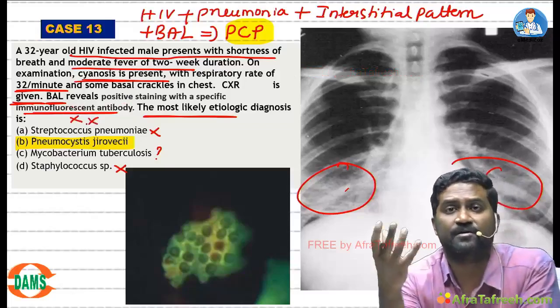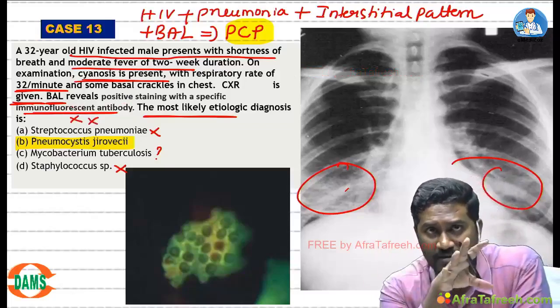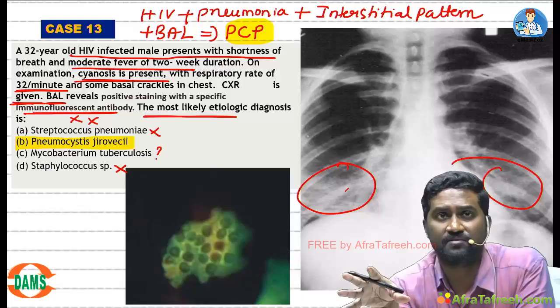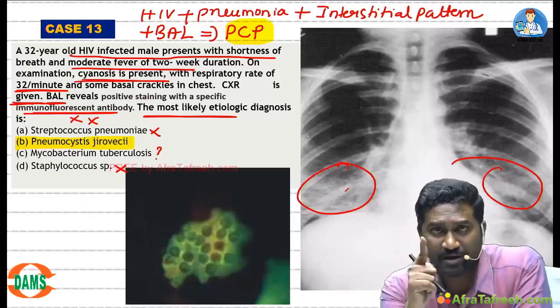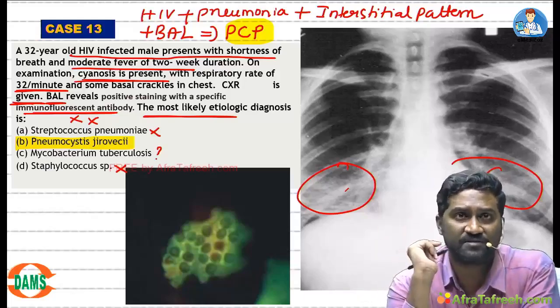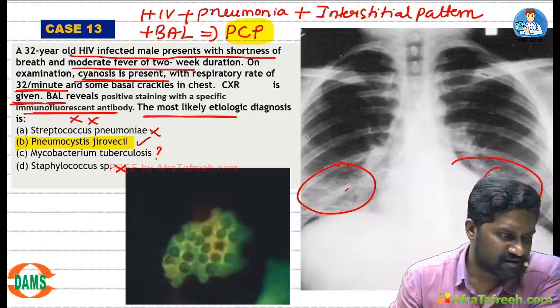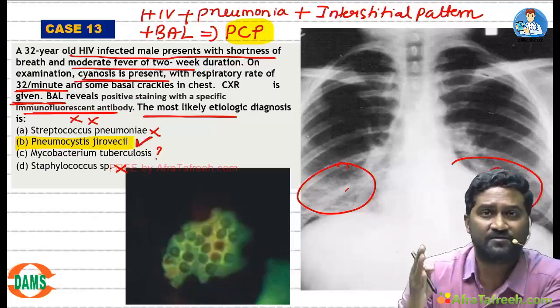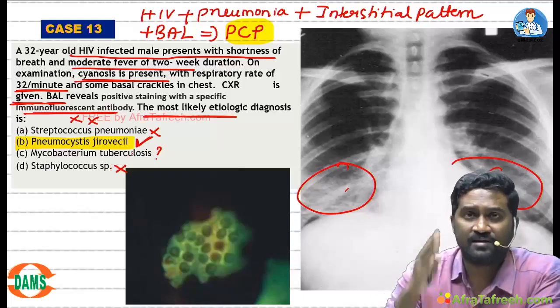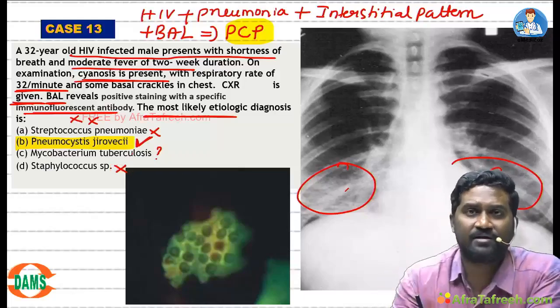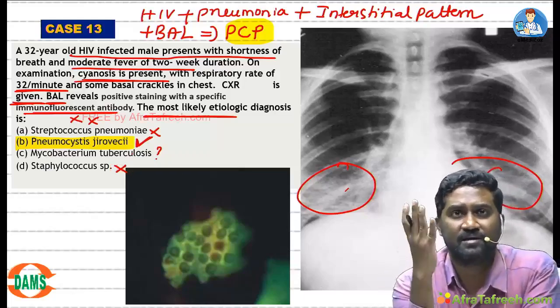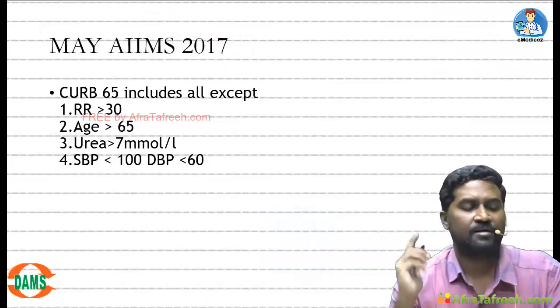We generally go for CBNAAT. So this is not the typical presentation of tuberculosis, but this is a typical presentation of pneumocystis pneumonia. So the best answer is pneumocystis pneumonia. HIV, pneumonia, interstitial pattern, requiring BAL. What are you expecting? It is pneumocystis pneumonia.